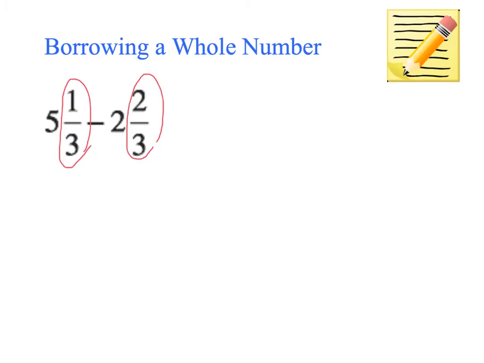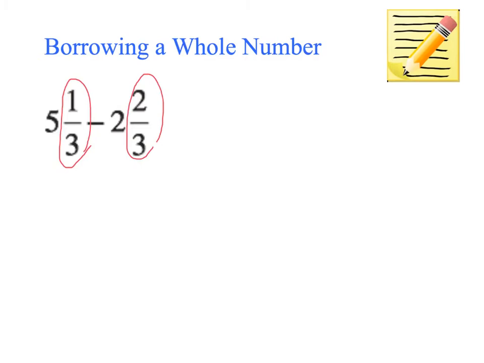So sometimes this will happen and you have to borrow from the whole number, because this whole sum here, the first fraction, 5 and 1/3, is actually bigger than 2 and 2/3 altogether. So we have to borrow some from the 5. We know that 1 whole will equal 3/3.